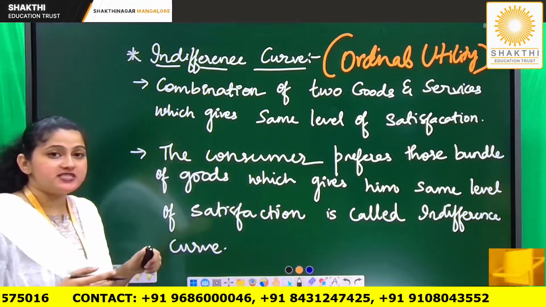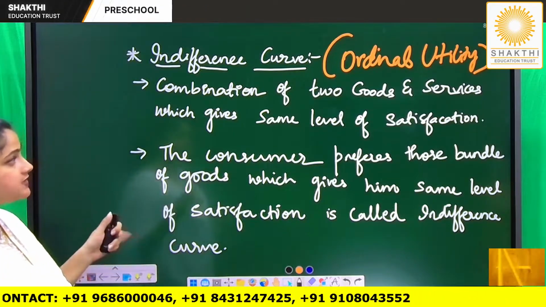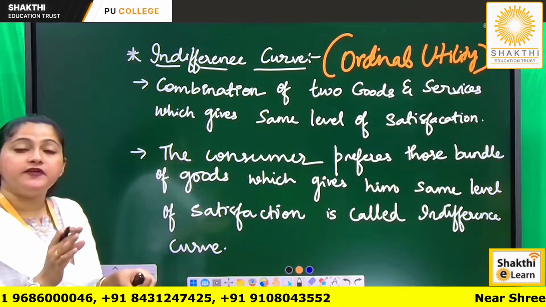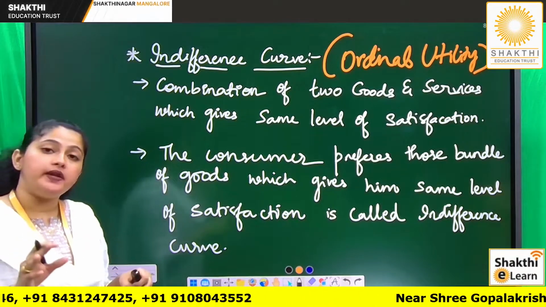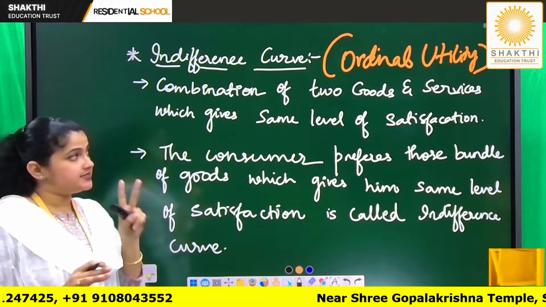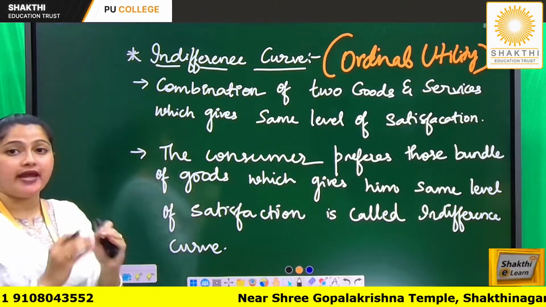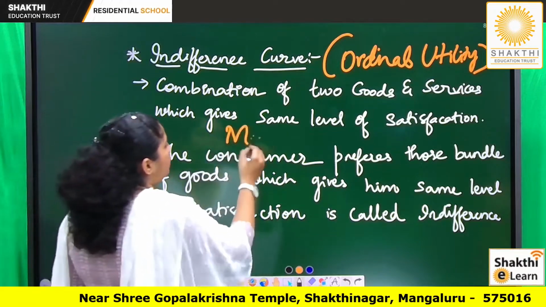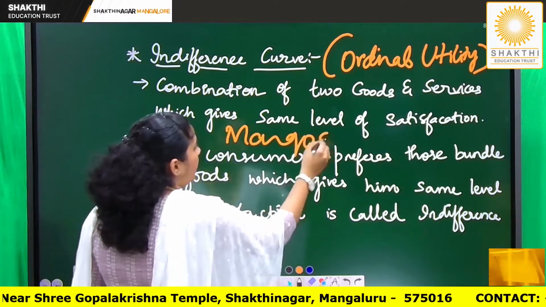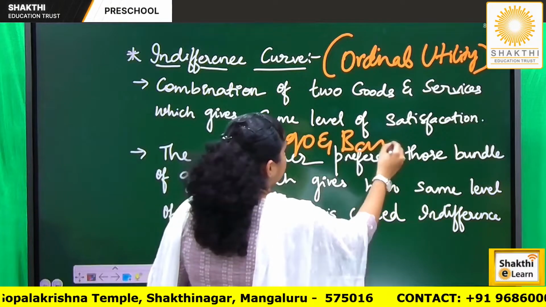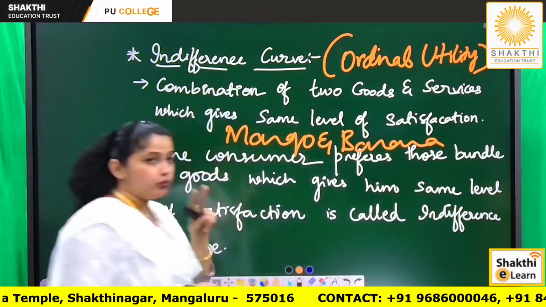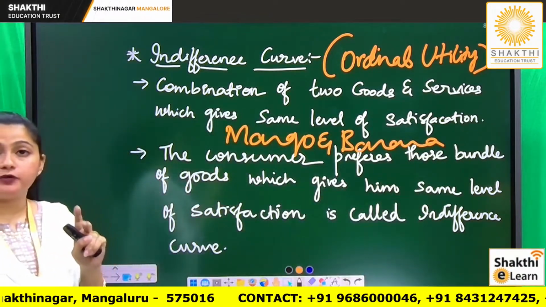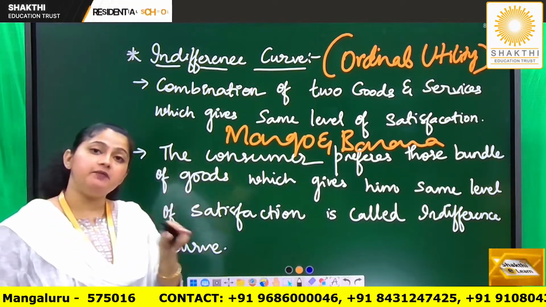Now let us first understand what an indifference curve is. An indifference curve is nothing but a combination of two goods and services which gives you the same level of satisfaction. Let me say mango and banana are two different commodities, two different goods, which are going to give you the same level of satisfaction.